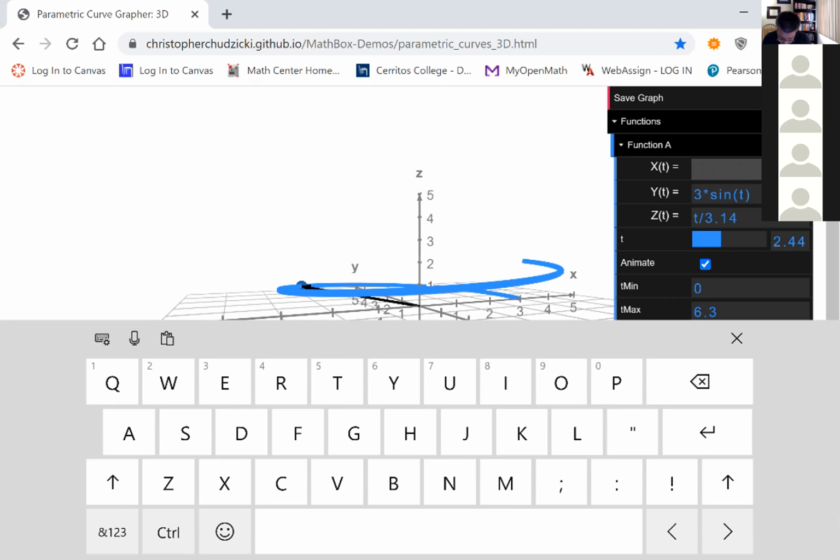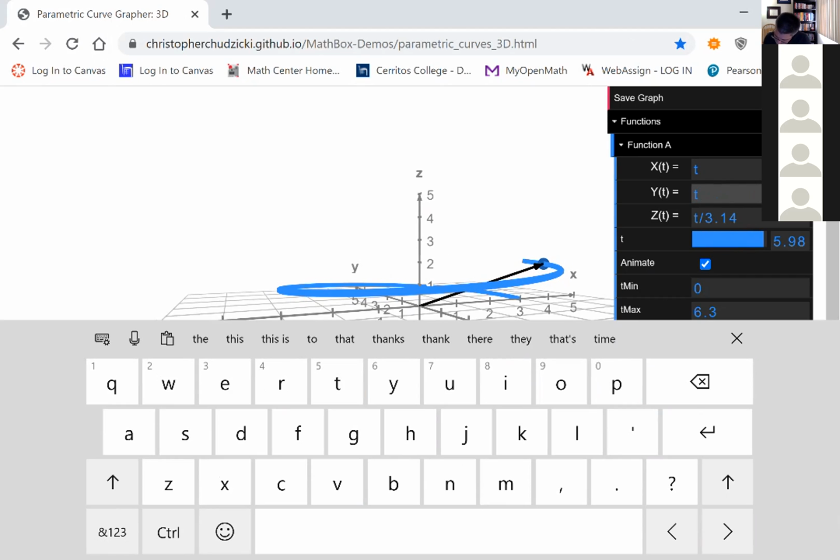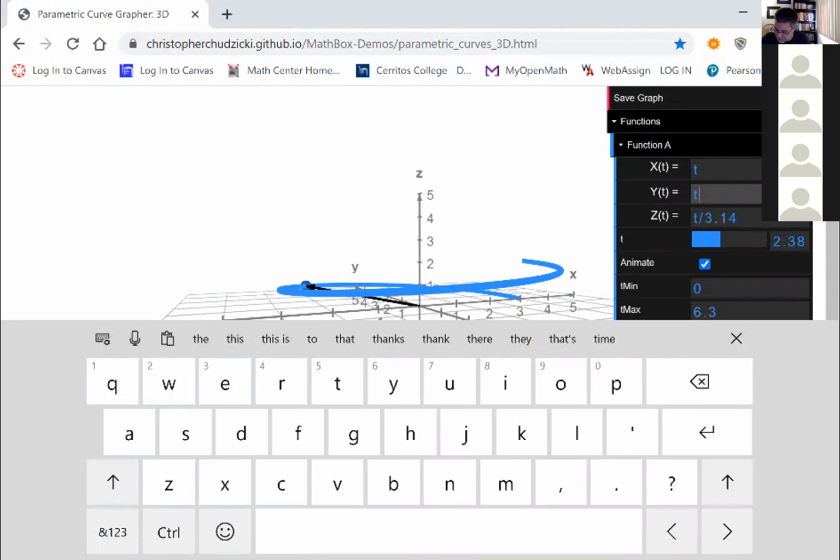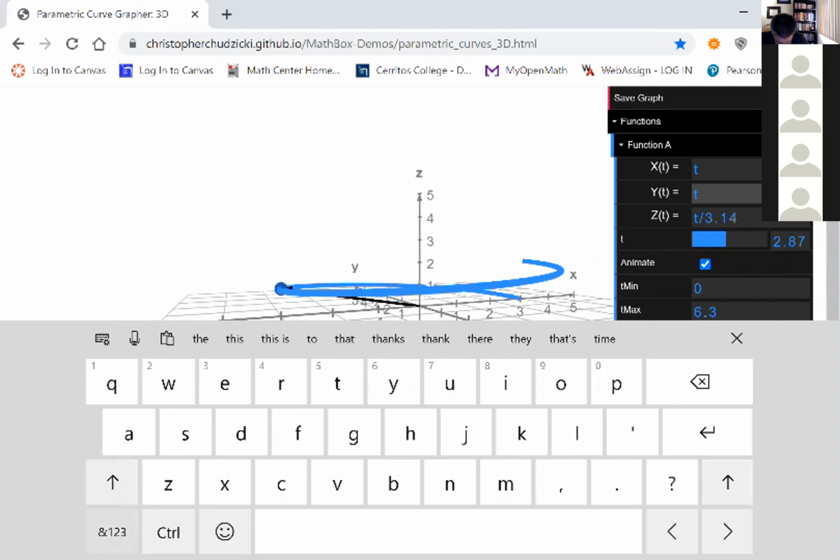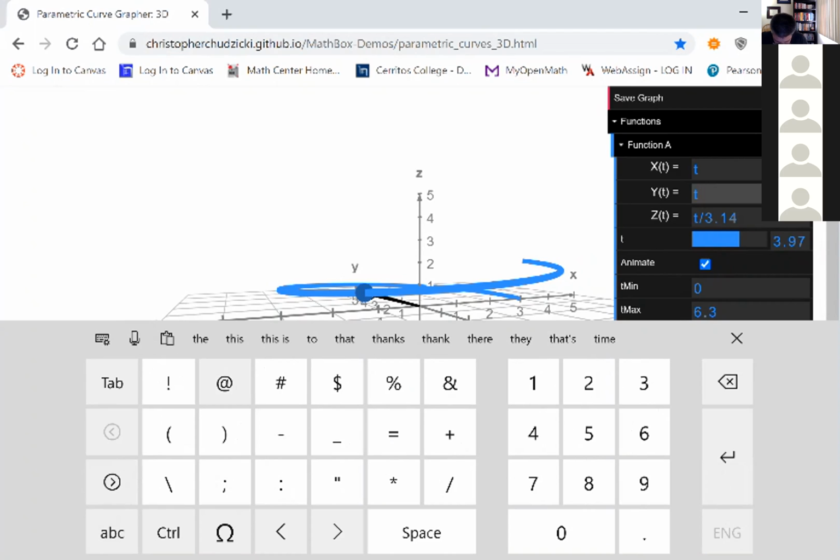Oops, not capital T. t squared. Where is my caret key?